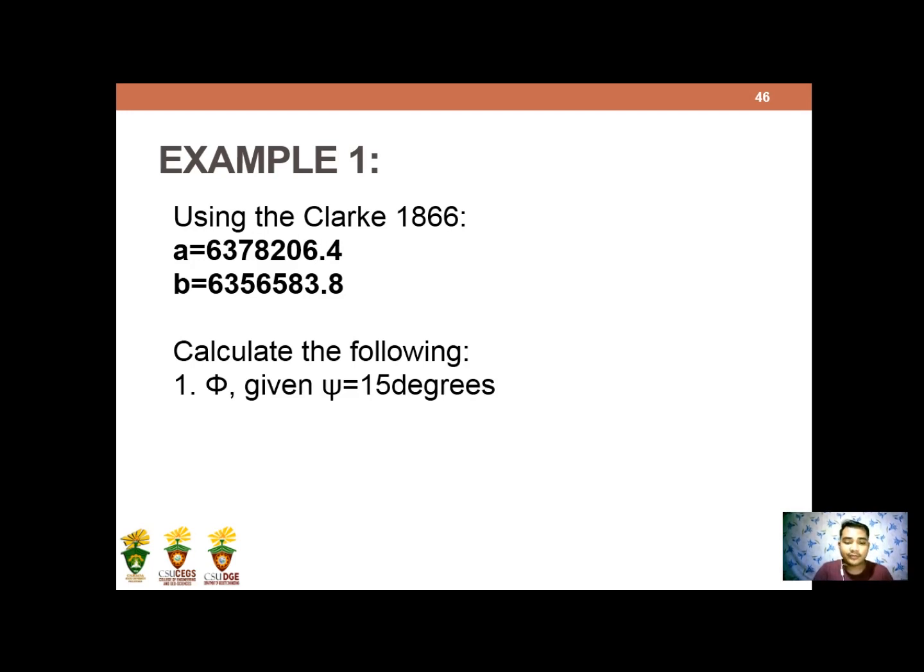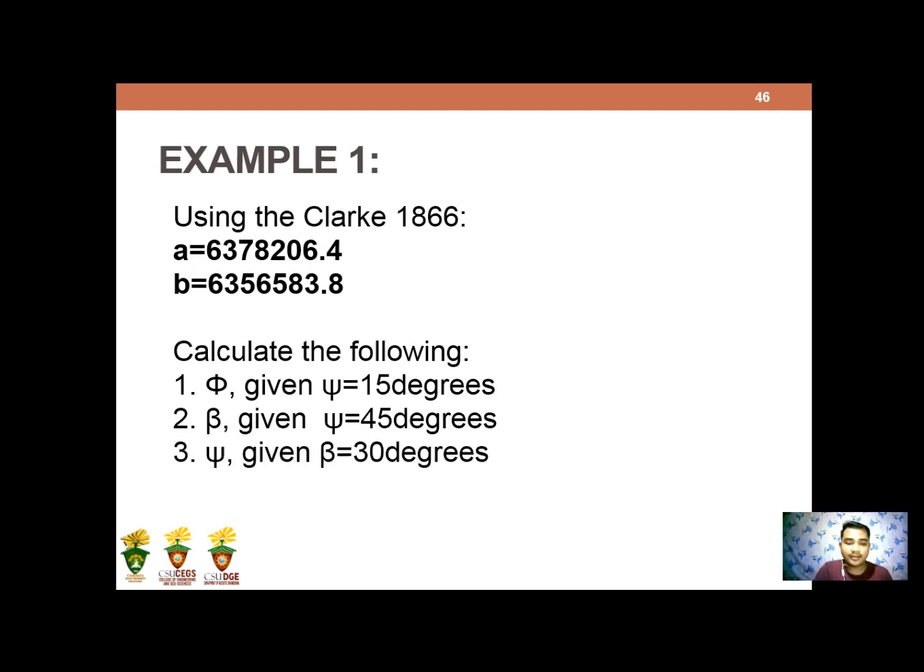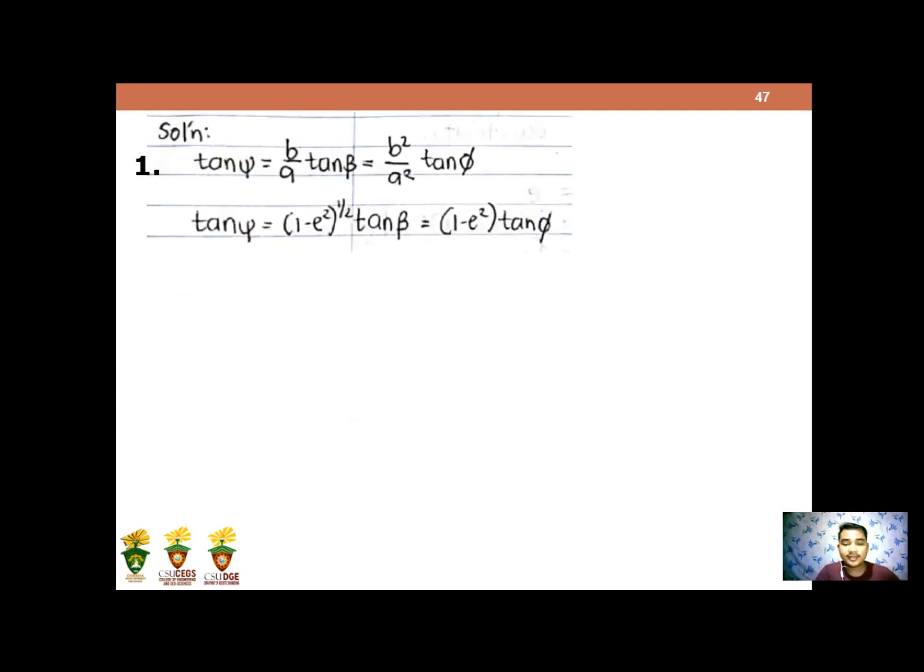First, we need to calculate the geodetic latitude given ang geocentric latitude nga 15 degrees. Number 2, we need to get the reduced latitude given the geocentric latitude na 45 degrees. And third is we need to calculate the geocentric given the reduced angle, reduced latitude niya 30 degrees.